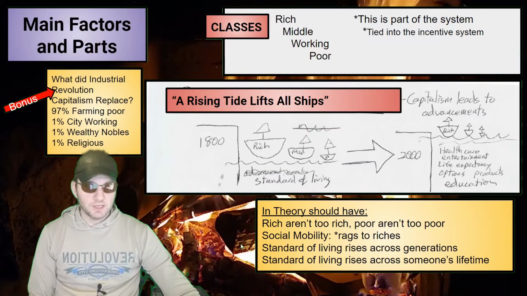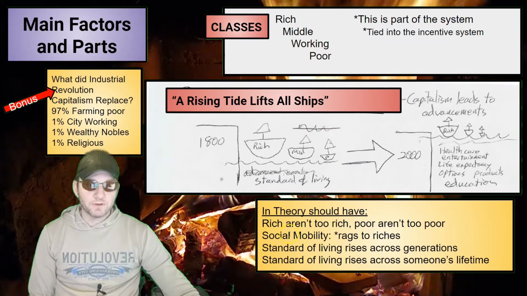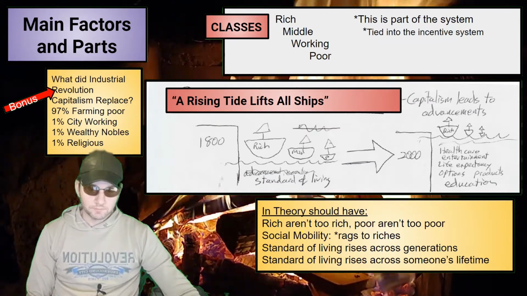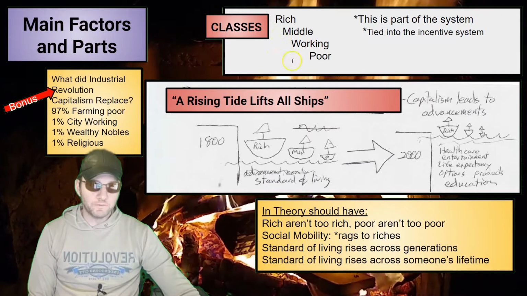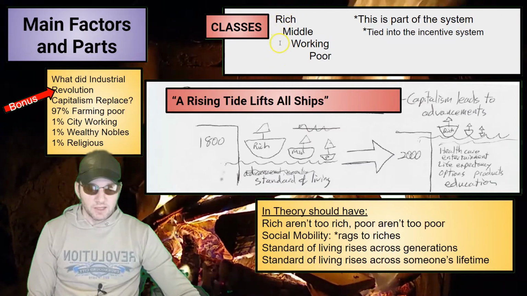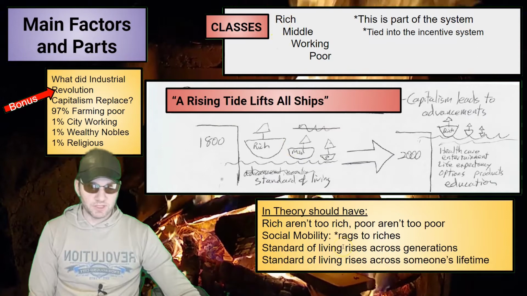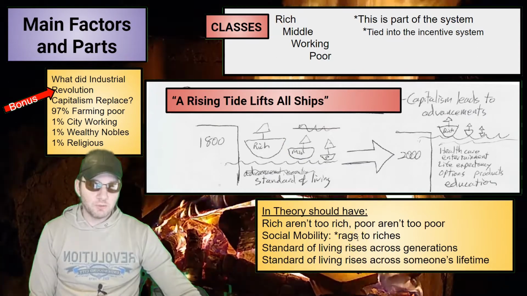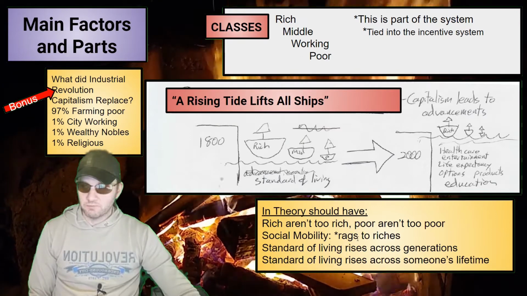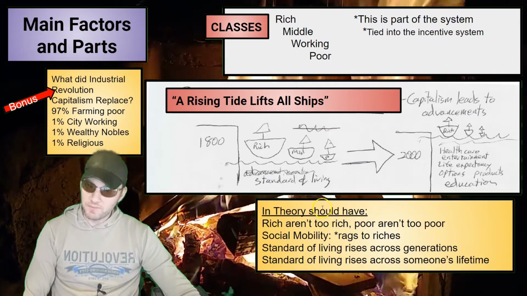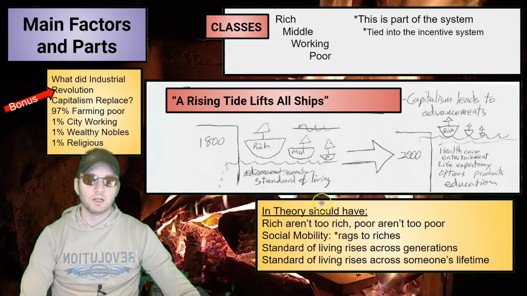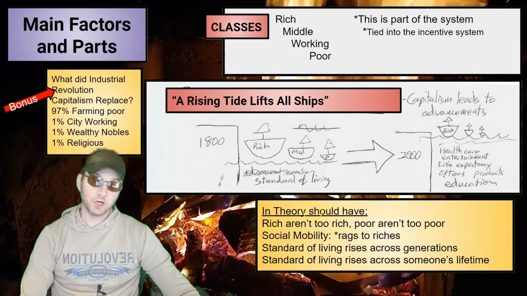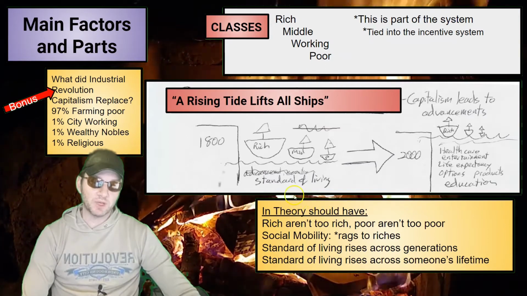In theory, in capitalism, one should have social mobility, meaning to move on the social ladder. Now, you might have heard of this, or it's sometimes said, rags to riches. I don't necessarily like that term, although people tend to remember it. And that's the major story that a lot of capitalists during the Industrial Revolution would tell, especially the big business owners.